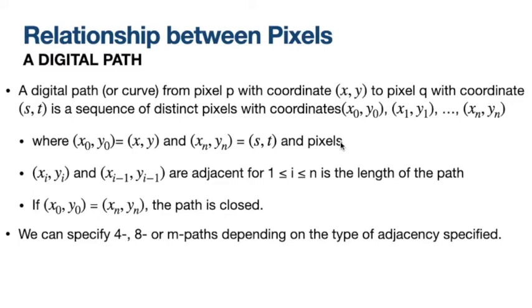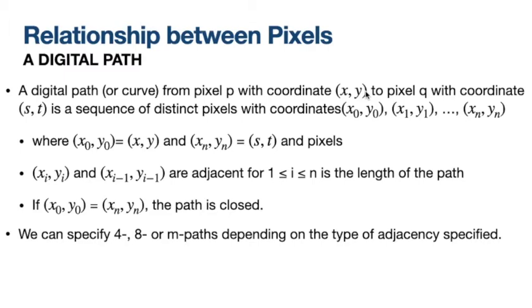A digital path means simply, if you have a pixel p with coordinate values x, y, and a pixel q with coordinates st, if you draw a path from p to q, this path is the pixels which lie between p and q, and it can be coordinates x0, y0, x1, y1, x2, up to xn, yn.